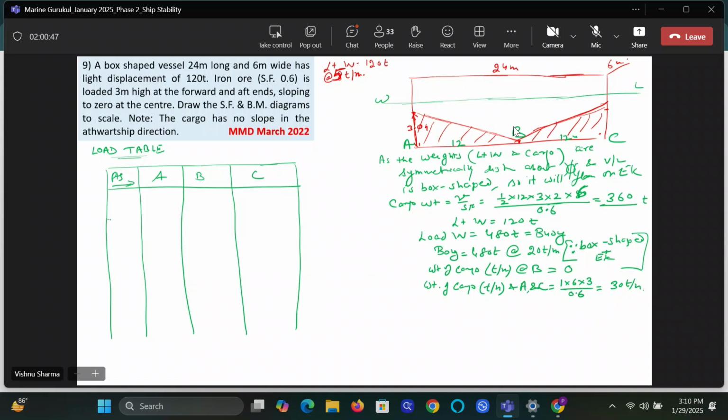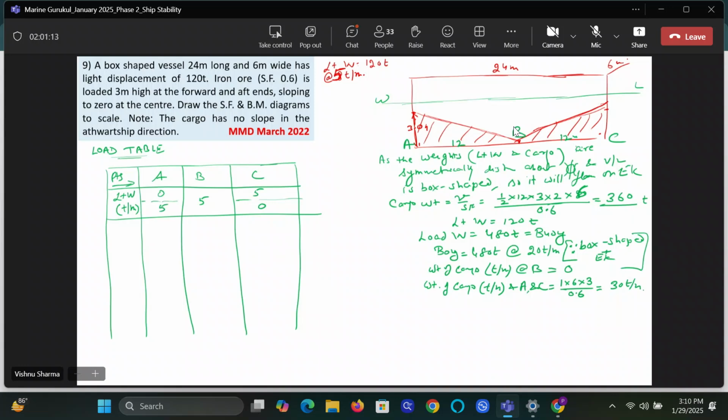Can you fill up the light displacement, guys? Please write the units in tons per meter. Fill in the light displacement. Is this what you filled up? Yes or no? Please tell me. Yes, sir.